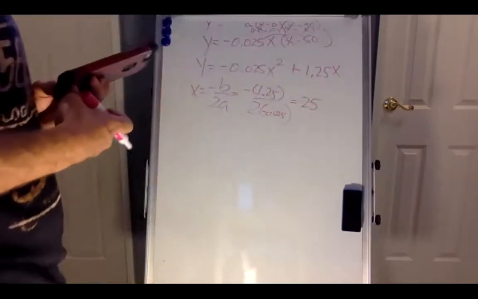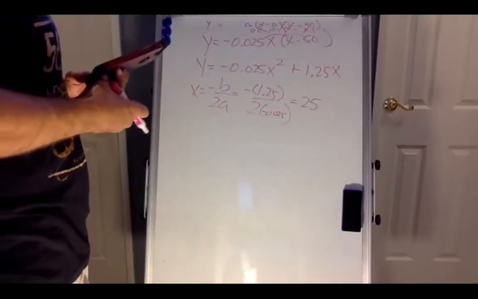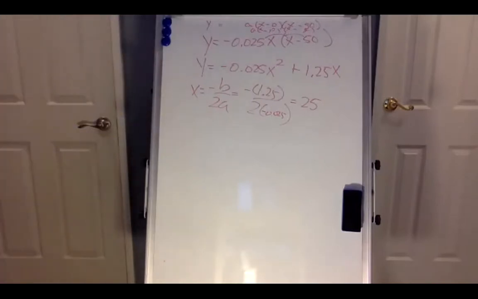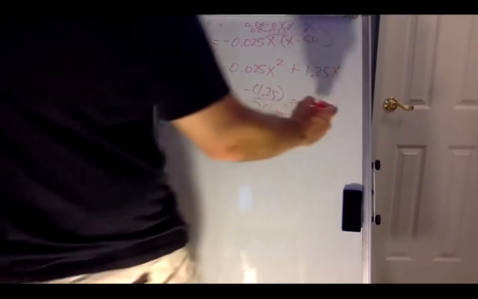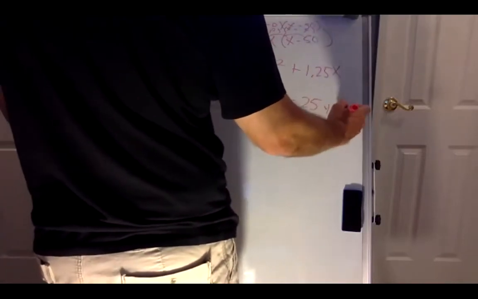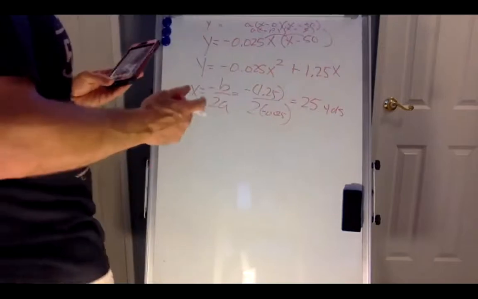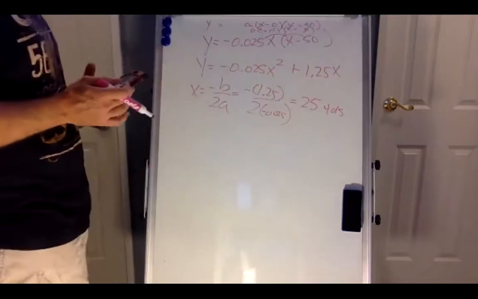When x is 25, and in this case, x is measuring distance, not time. So it says the path, x is the horizontal distance in yards, y is the height in yards. So at 25 yards from where the kicker kicked the ball, it reaches its maximum height.